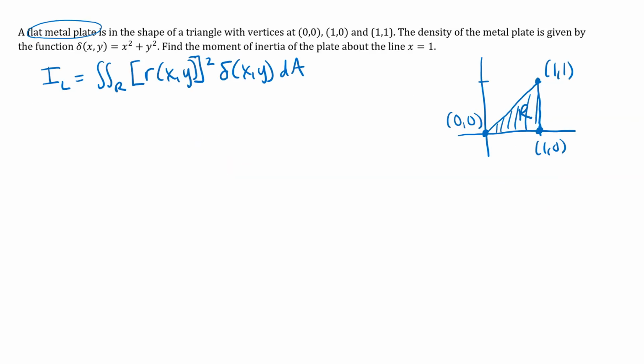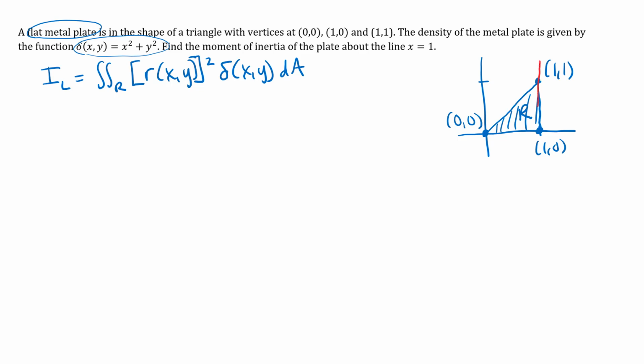I've written down the formula we need for our particular problem, and I've drawn a picture of our region, a triangle with vertices at (0, 0), (1, 0), and (1, 1). We have a density function given by this function, so the density of this object is larger the farther we get from the origin. And we want to find the moment of inertia of this plate about the line x equals 1.